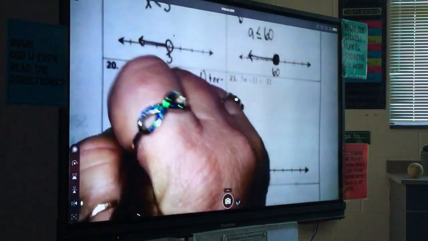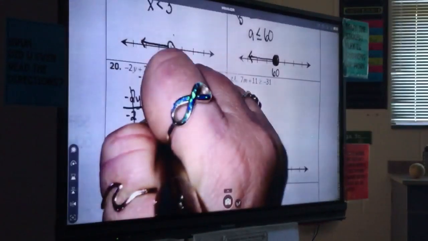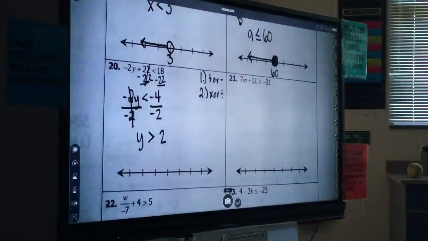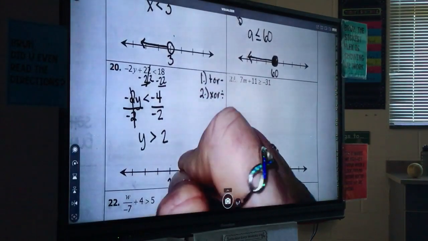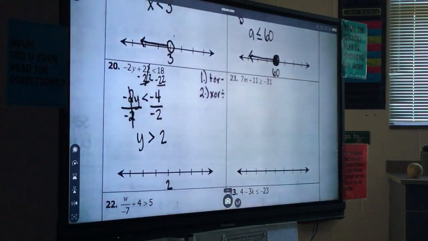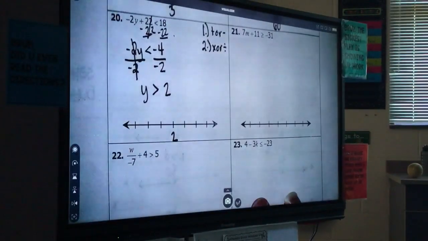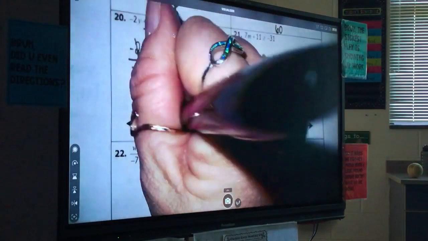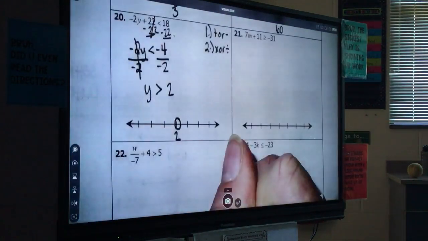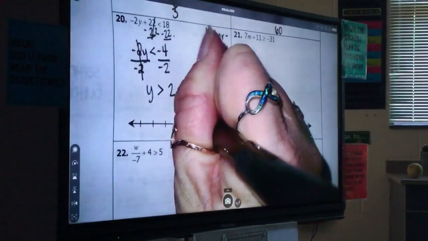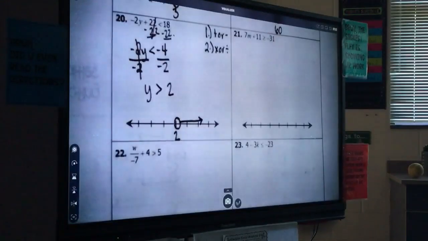Flip it. So y is greater than 2. When I graph this, open circle, close circle? Open circle. Which direction is it going, to the right or to the left? To the right. You guys have 10 seconds to finish that one if you did not.